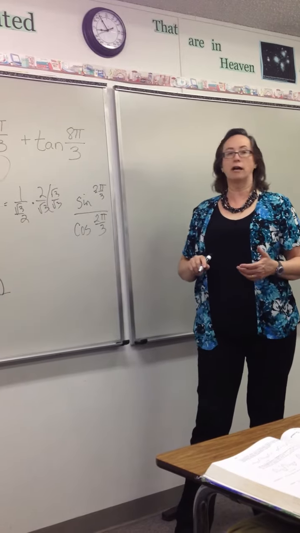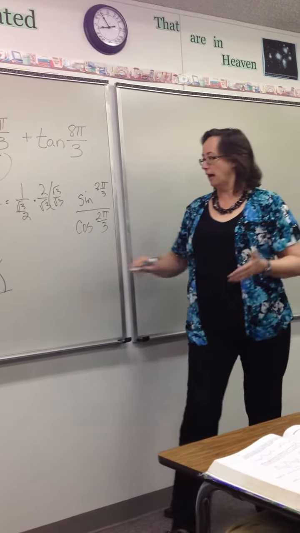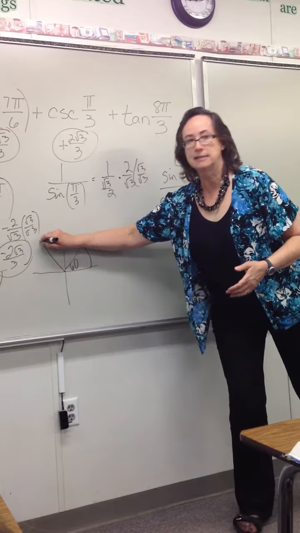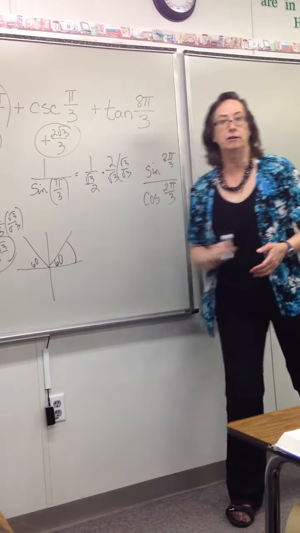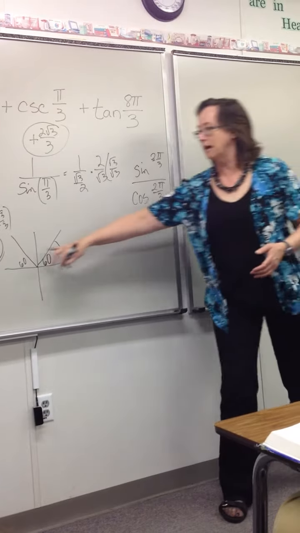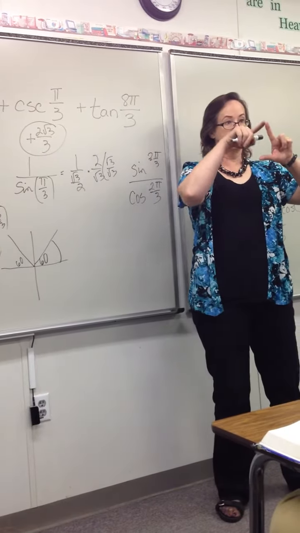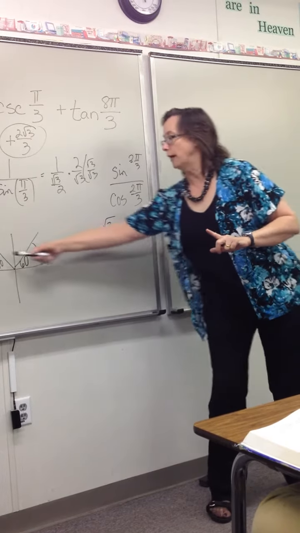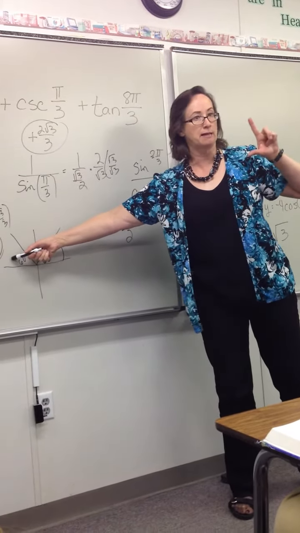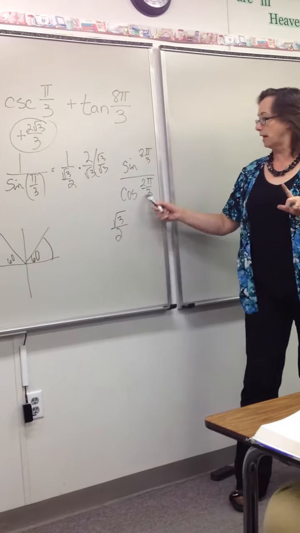So where is 2 pi over 3? It's not quite a pi. So isn't it the 60 over here, right? It's the 60 over here in that quadrant. So now the sine of a 60 is the long one, right? So we're going to have the square root of 3 over 2, and the second quadrant is positive for the sine. And then on the bottom we're going to have the what?